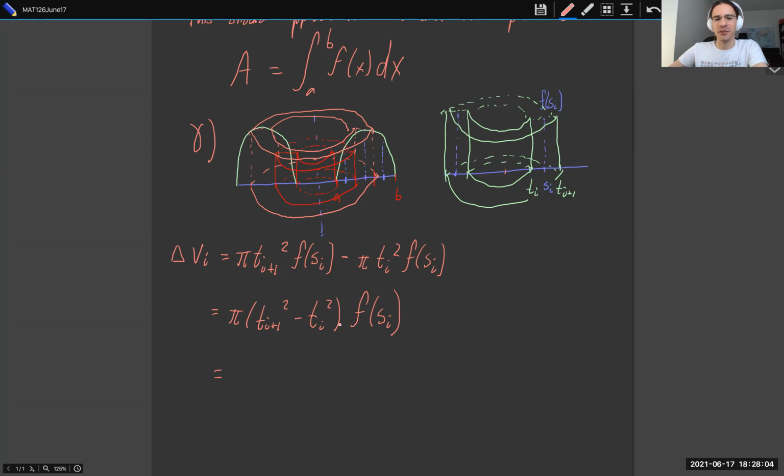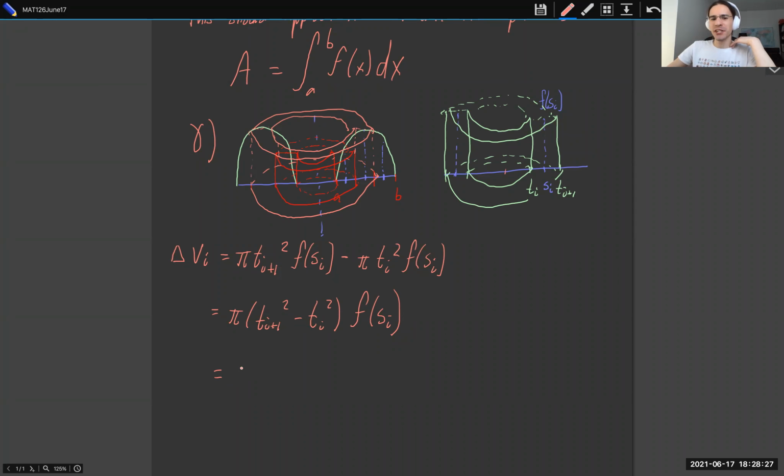What does this term scream that I should do with it? Take out t sub i. Well, what if I don't want to? Yeah, I could write it as t sub i plus 1 divided by t sub i, but is that ratio really meaningful?